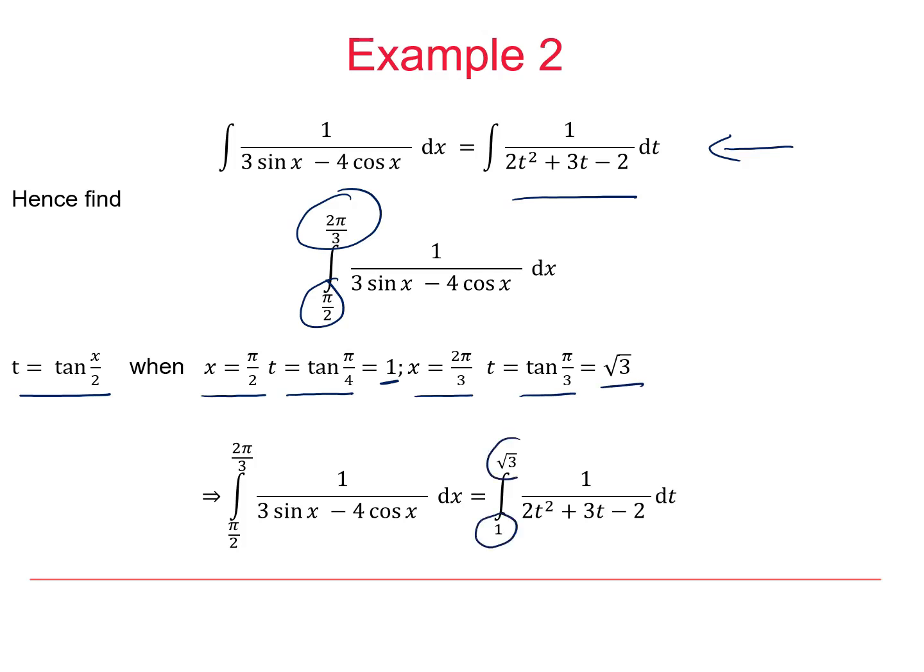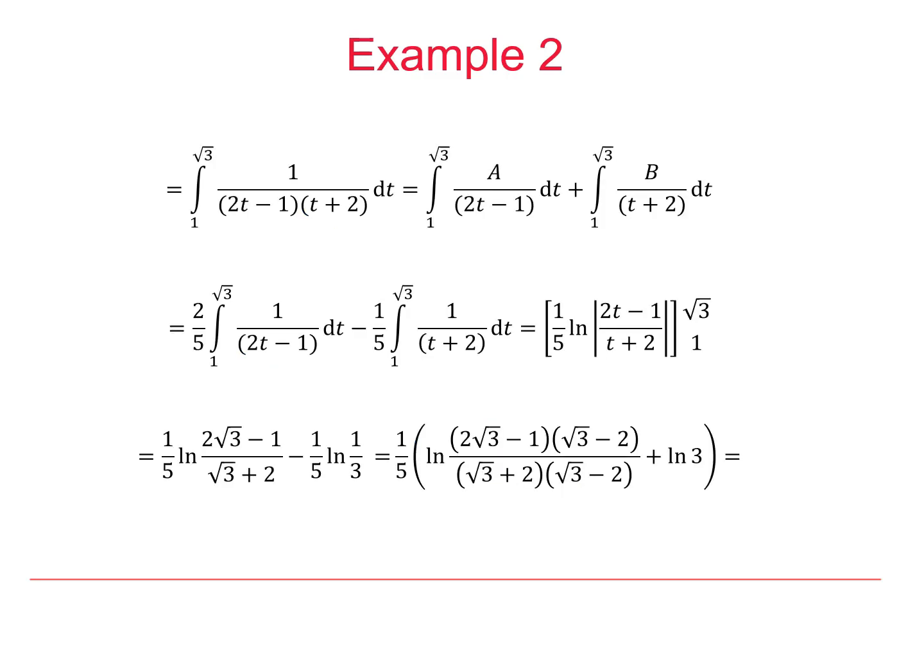So now we have everything in terms of t. We can work out the value of our definite integral just using the version in terms of t. My denominator factorizes into those two terms, so I can split that up into two separate fractions, and I need to work out the values of a and b.